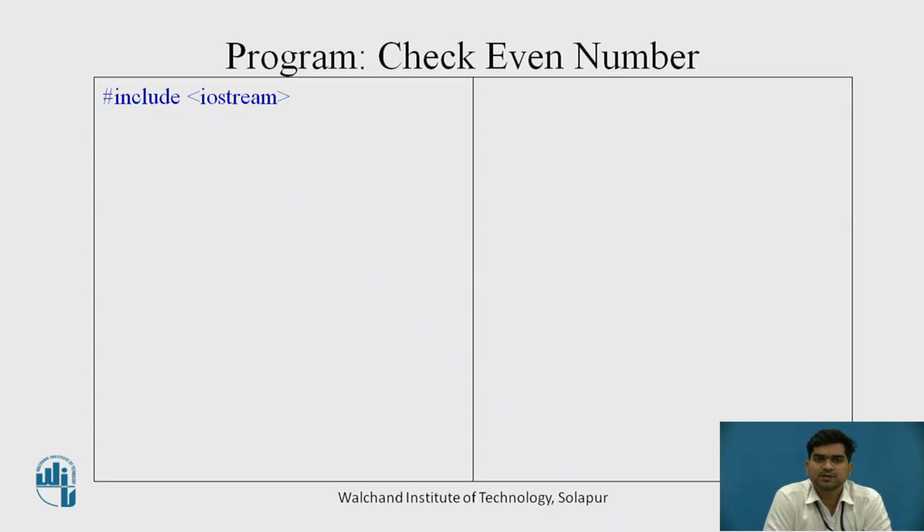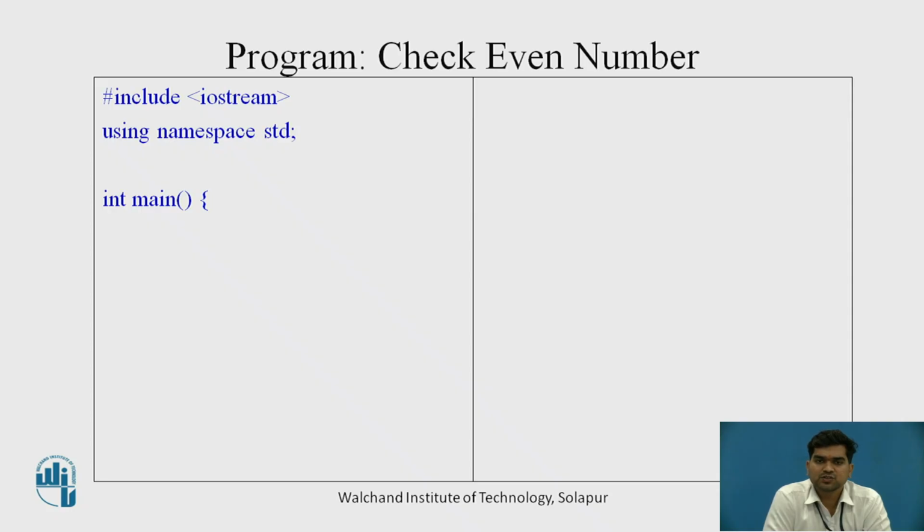With it we can give input and output. Then using namespace std, so that instead of writing std everywhere, we call the standard library once. In the main file we provide using namespace std.